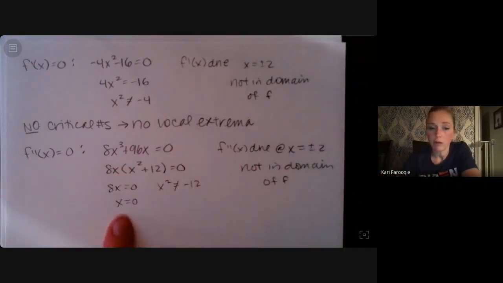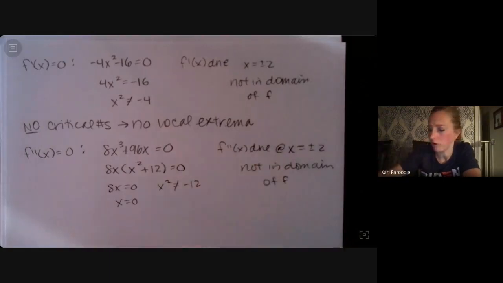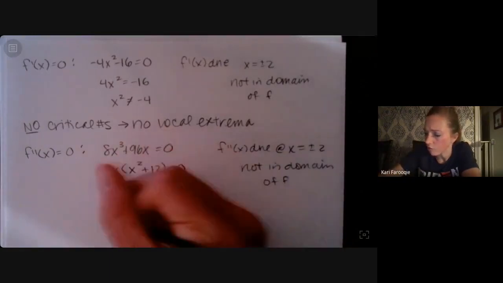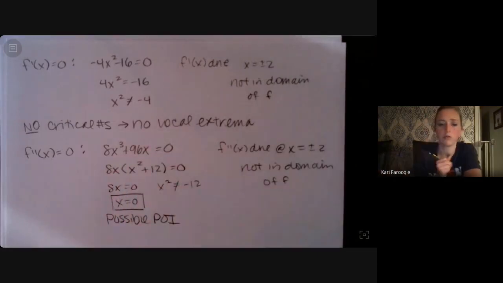Now, we actually already obtained a value at x equals 0 because it came from our intercept. So again, not that exciting, but if you're thinking about this as a point of inflection, we'll get it out of the chart. So I'm just going to highlight this for right now as a possible point of inflection, and then we'll get the corresponding y value in the chart because we need to get good with that anyway.